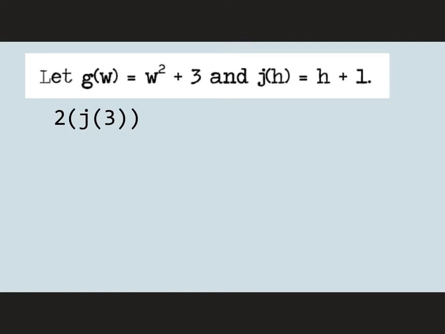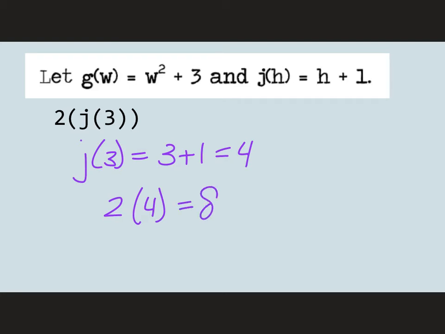So this one I kind of made on my own. Here we're going to do j of 3. Ignore the 2 for right now. So we're just going to do j of 3. So then we have 3 plus 1, which is 4. So then to do j of 3 times 2, I'm going to be doing 2 times 4, which is 8.